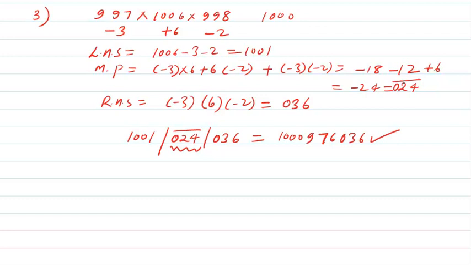Like in the examples that I have taken, all the 3 numbers were closer to one single base, right? Like in this example, this number was closer to 1000, this number was also closer to 1000, and this number is also closer to 1000.